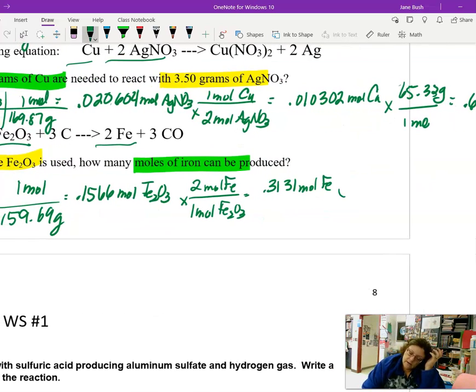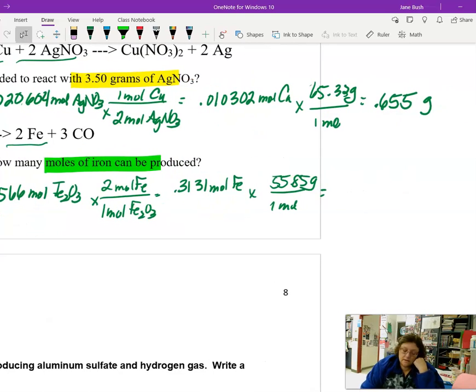And finally, I'm going to multiply by the molar mass of iron, 55.85 grams in 1 mole. And I get 17.5 grams of iron.